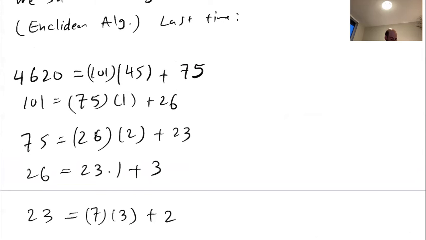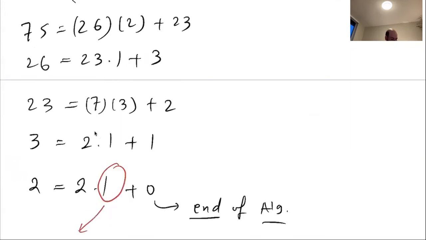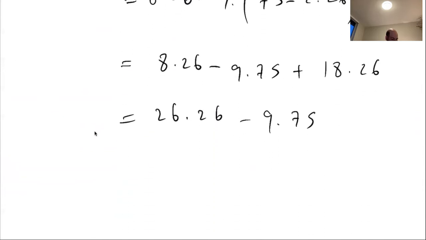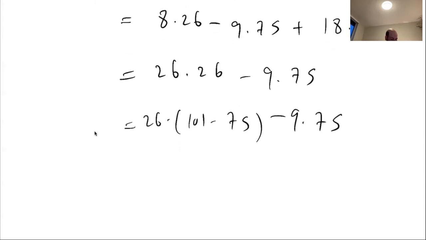And then 75. So we use this equation. And then 26 can be written as 101 minus 75. So 101 minus 75 minus 9 times 75.